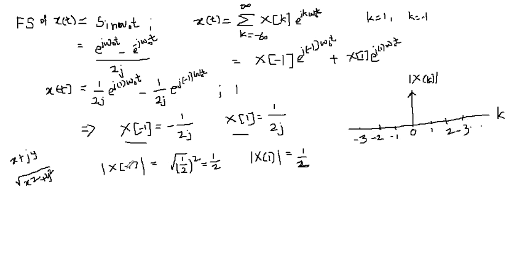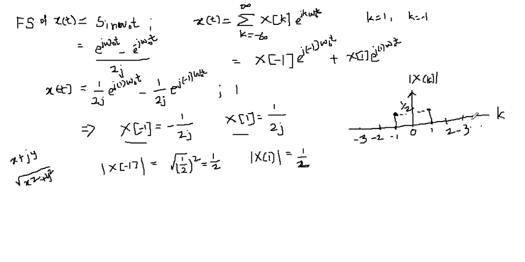Now when we have X of minus 1, the k value is minus 1, which means at minus 1 its value is what? 1 by 2. Let's say this is the 1 by 2 value, so we usually represent it in this dot way. And similarly at X of 1 its value is 1 by 2, so we represent it. The magnitude of this one is 1 by 2.